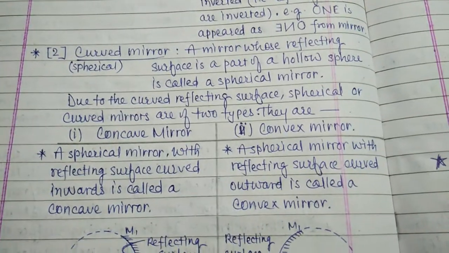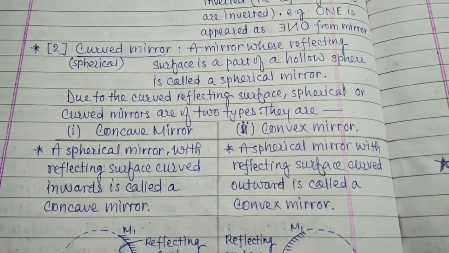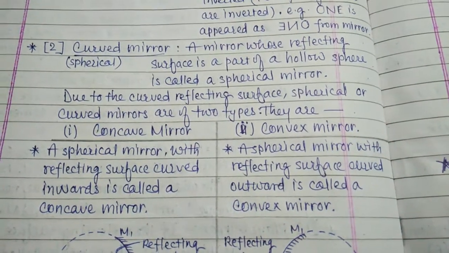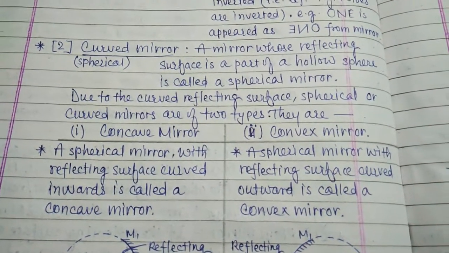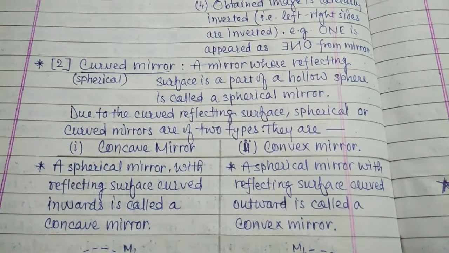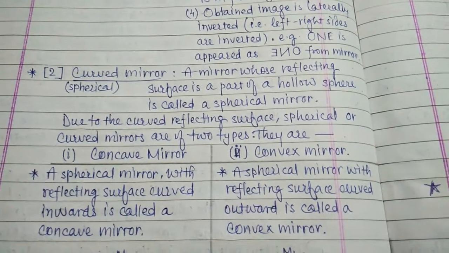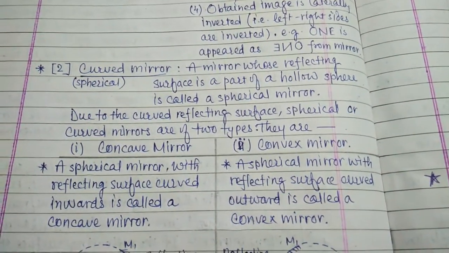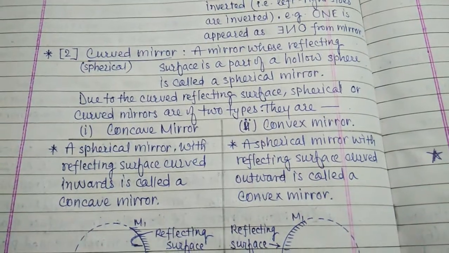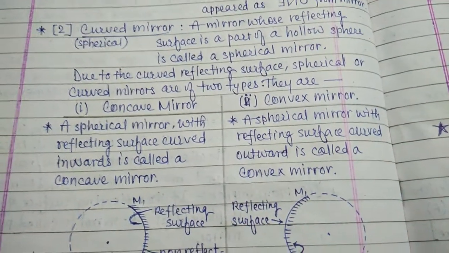Now the second one is curved mirror. A mirror whose reflecting surface is a part of a hollow sphere is called a spherical mirror. The shining surface is curved, and due to the curved reflecting surface, spherical mirrors are of two types.